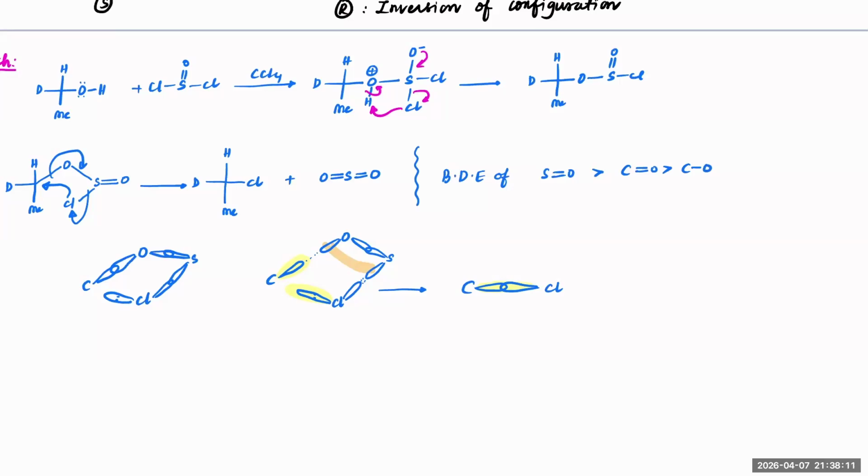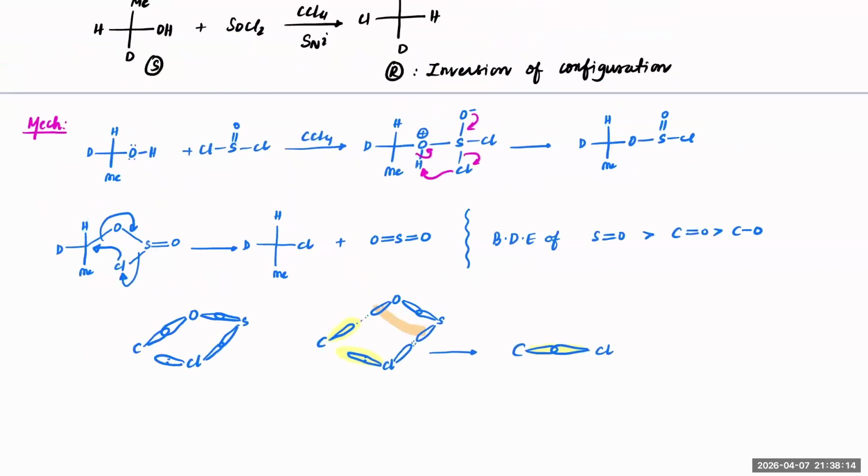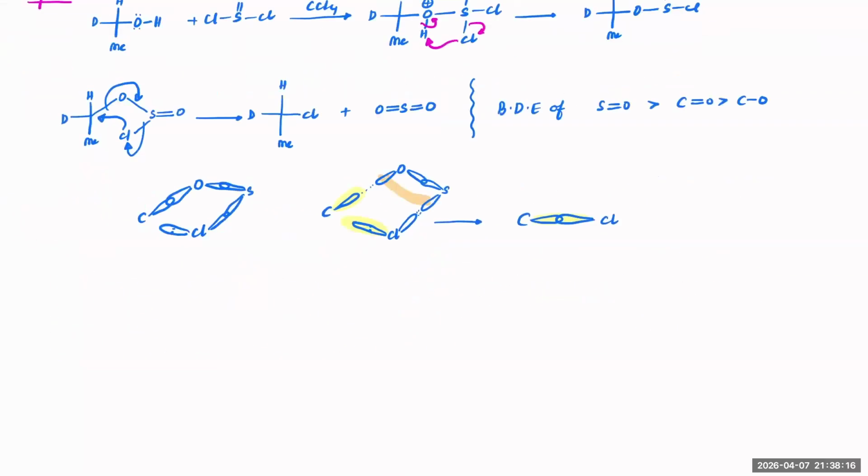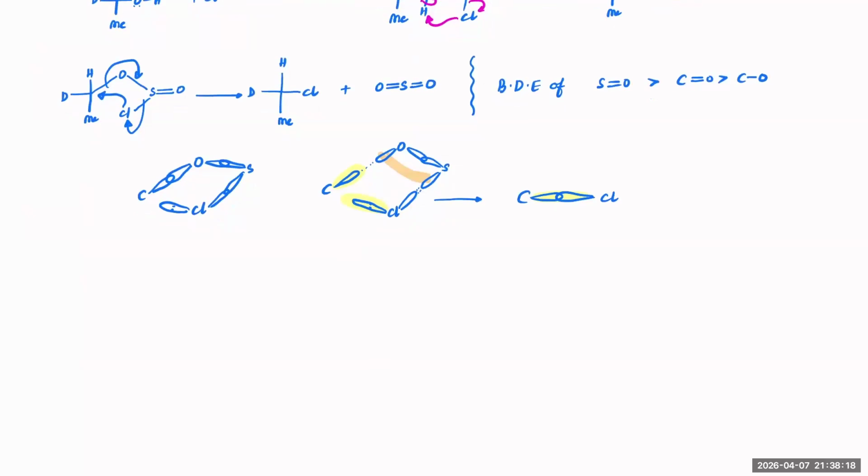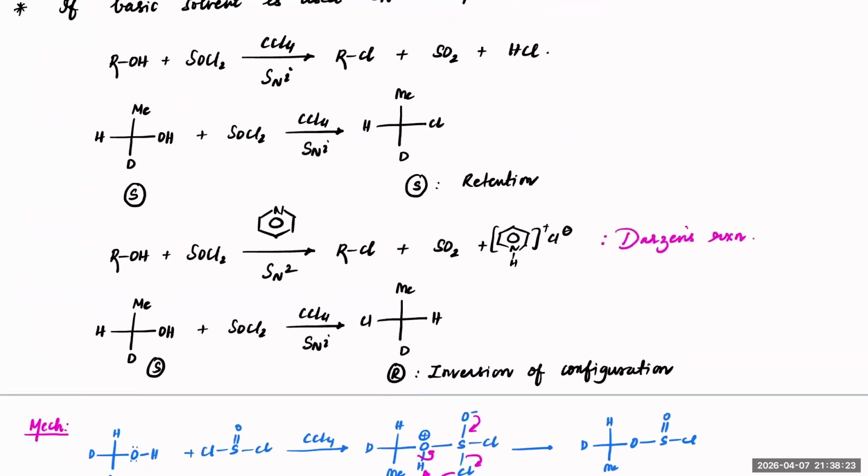But if you notice the second case, why is it becoming SN2? Let me first write the second reaction here.